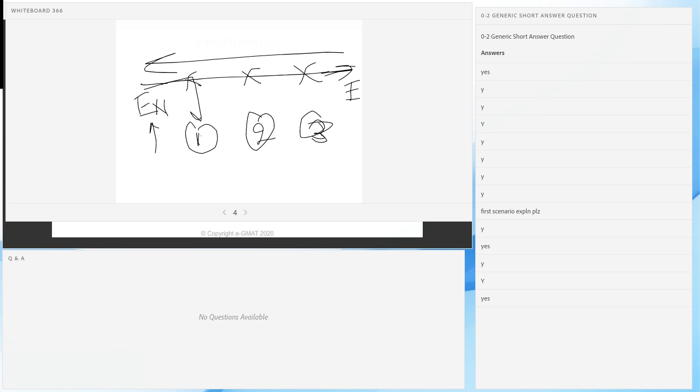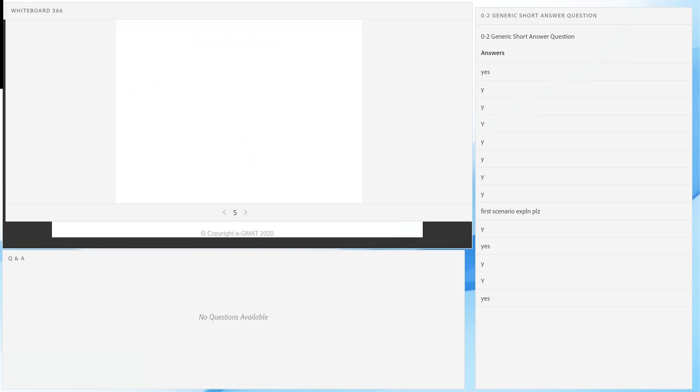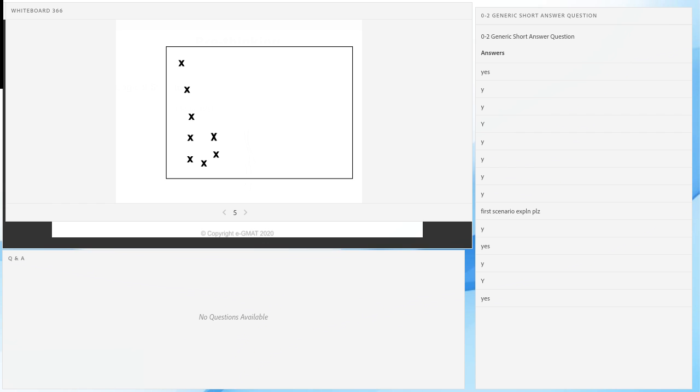Let me bring in the whiteboard. First scenario is, let's say this rectangle is your Wordland, okay, and earlier, let's put crosses as people over here. These are people who are in Wordland.